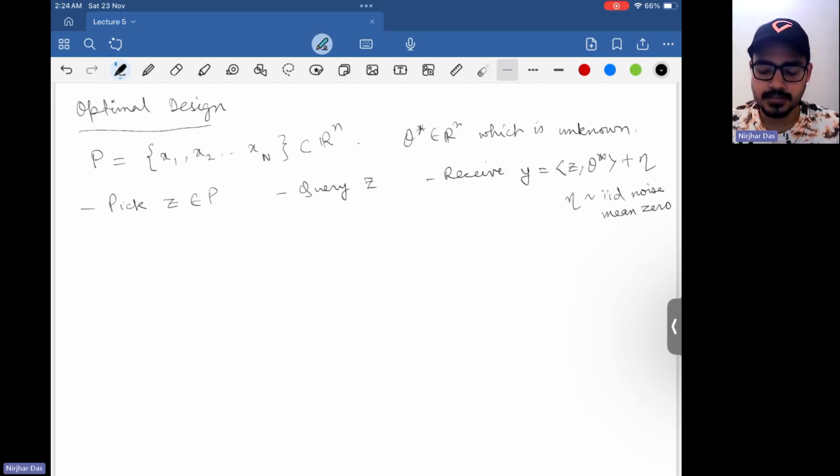So we observe only this, and our goal is to find theta star as well as possible.